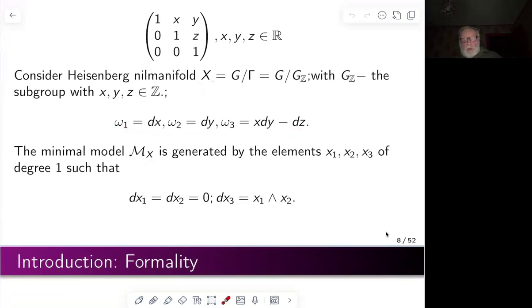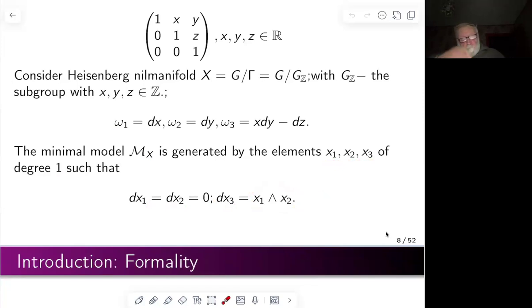And this minimal model is generated by 3 elements x1, x2, x3, all of degree 1, such that x1 and x2 are closed, and dx3 is the wedge product x1 wedge x2. The fact that dx3 is non-zero will be very important in future.